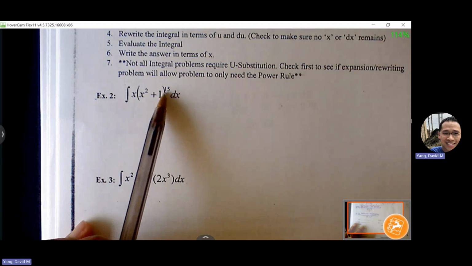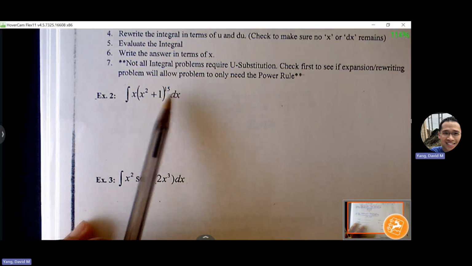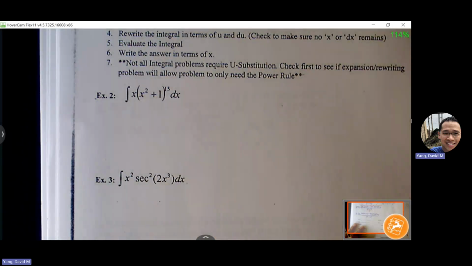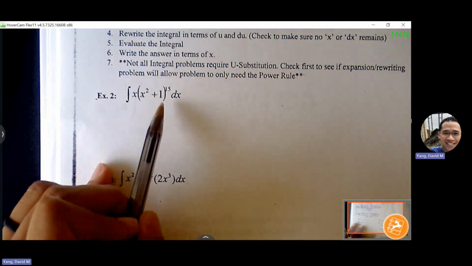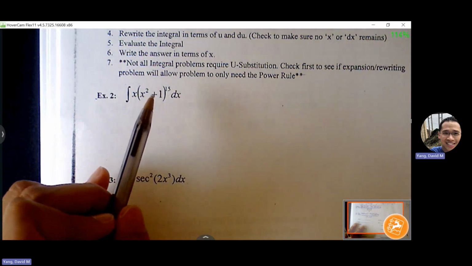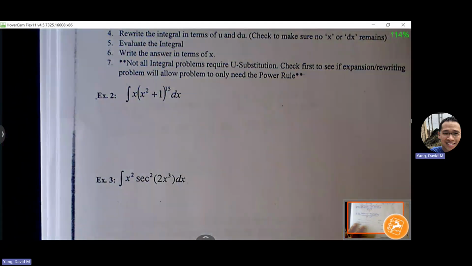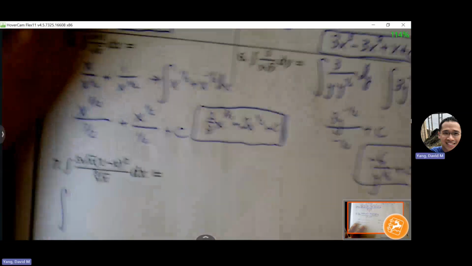Okay. Expanding this 15 times is kind of a pain. We can go through something like Pascal's triangle, but that's not something we have to worry about. But we always want to explore power rule first. Can we expand? Can we rely on just power rule to get to our answer? That's why it's important that I skipped a problem like this from yesterday.